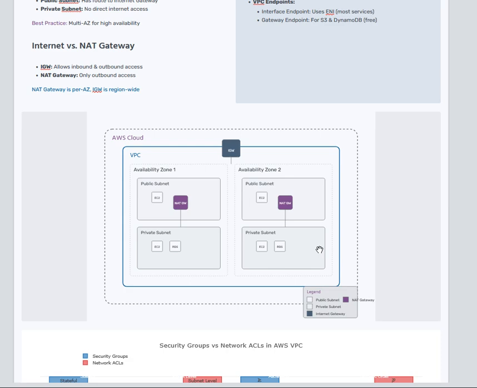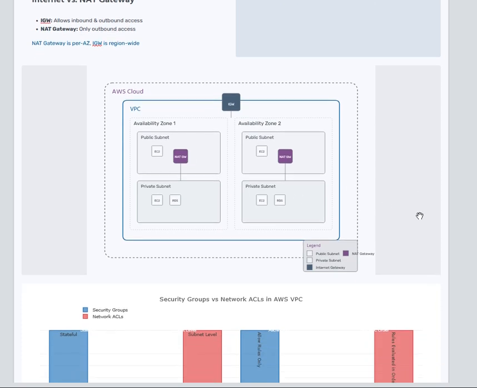So a NAT gateway only allows outbound traffic, right? Actually the NAT gateway serves the private subnet, but the NAT gateway itself will be in a public subnet of that availability zone, so it needs to be placed in a public subnet to get access, right?